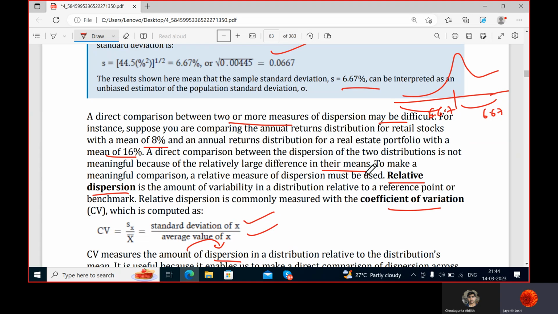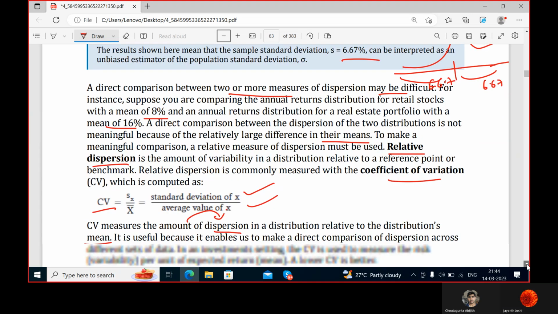So how to make the comparison and see how much dispersed they are, we will do that with the help of the coefficient of variation. You will understand it in a better way.